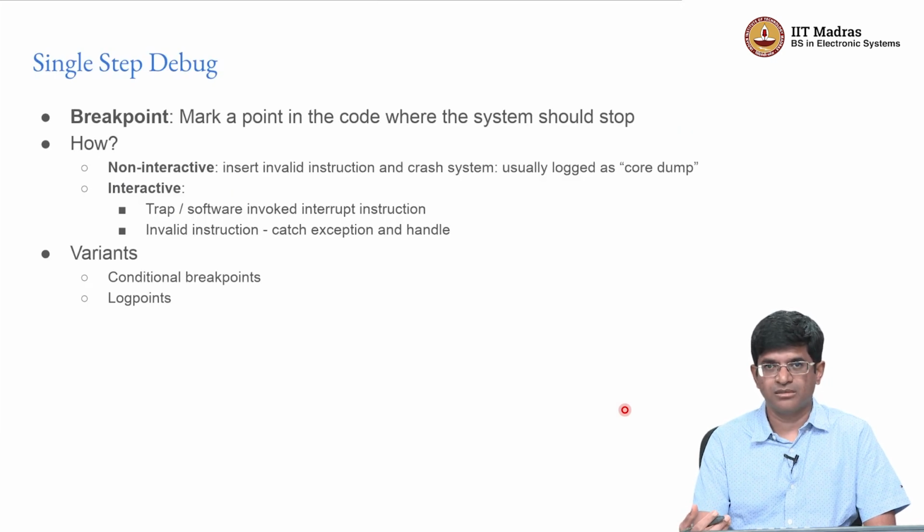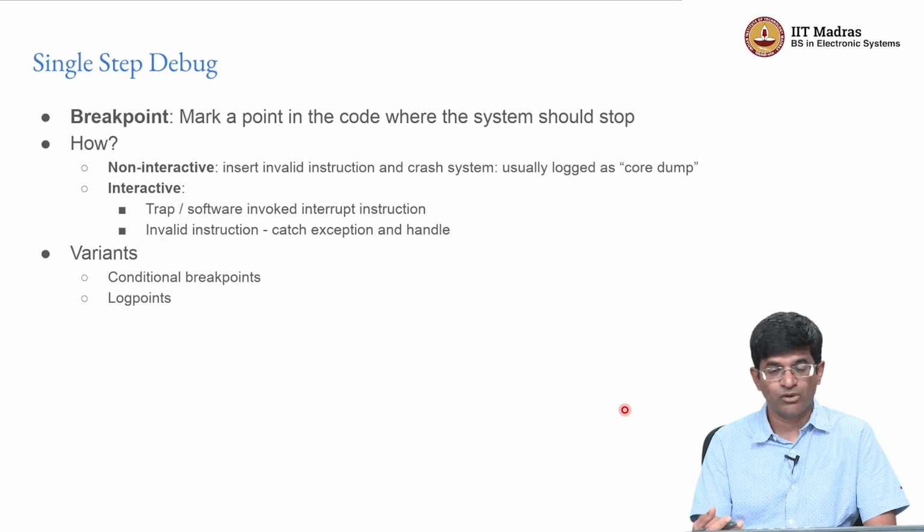So one of the slightly more sophisticated ways of debugging, of course the most primitive form of debugging that we can think of, is pretty much just insert print statements throughout your code, right? And as and when you reach a certain point in the code, you get some kind of an indicator, a printed statement, something on the screen that tells you that you have reached a certain point in the code.